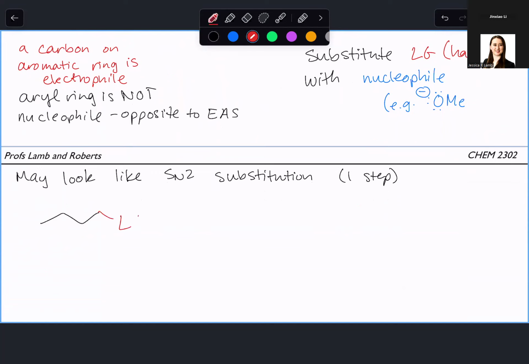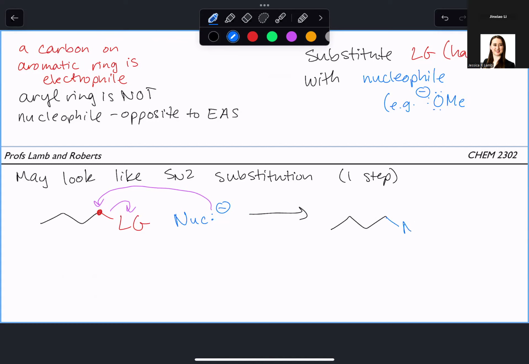You could have an alkyl chloride or something, right? We have our electrophile that reacts with a nucleophile. Nucleophile attacks electrophile, leaving group leaves. Single step, the overall transformation looks very similar, right? We've substituted a leaving group with a nucleophile.